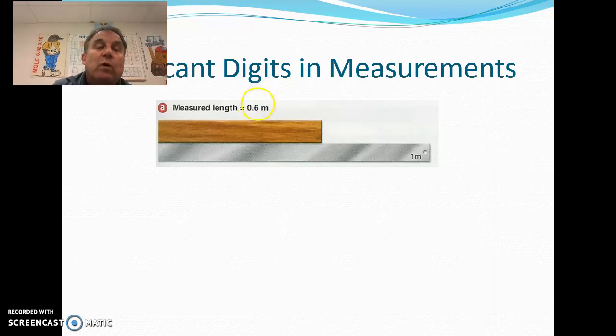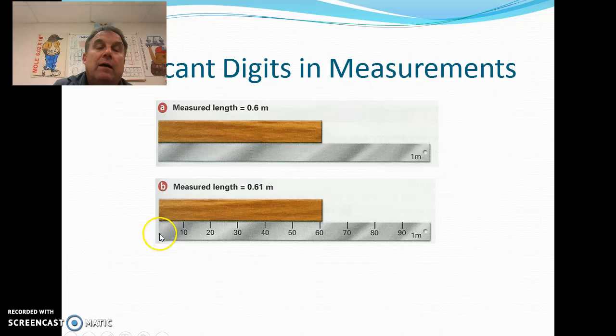So there would be one significant digit, the 0.6. If I have a meter ruler that has decimeters on it, I am certain that it is past the 0.6 mark, and I estimate that it's about 1/10 past the 0.6 mark. So 0.61 meters, so there would be 2 significant digits in this measurement.